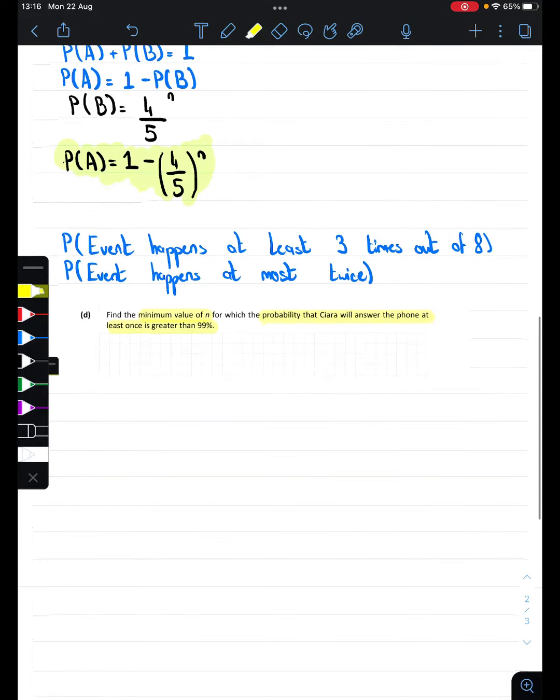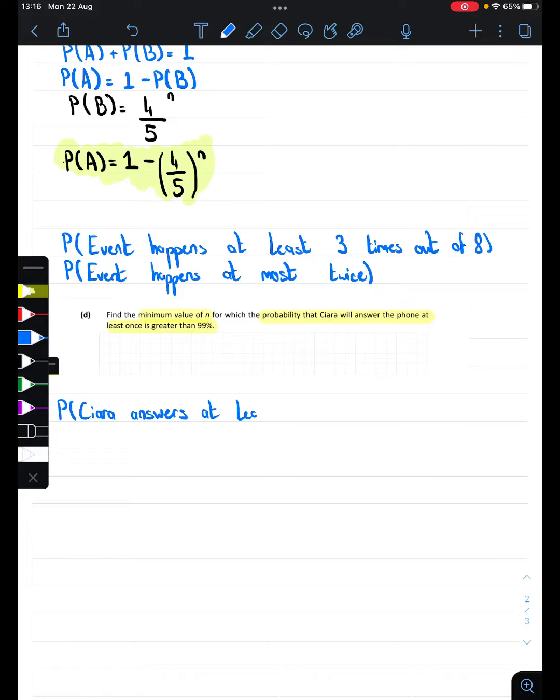So we know that in n times, the probability that Kira answers at least once is, well, we have a formula that we've just figured out: 1 minus 4 over 5 to the power of n.